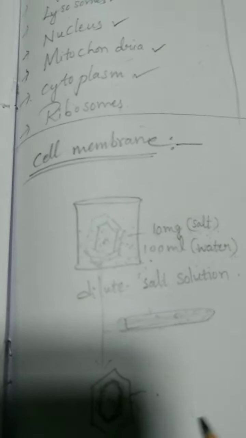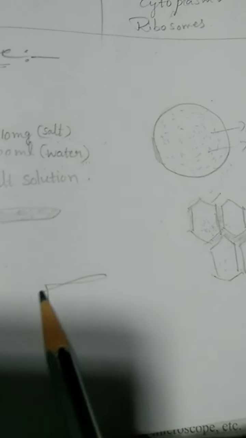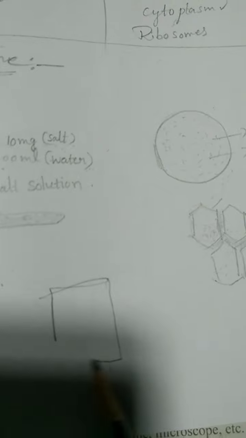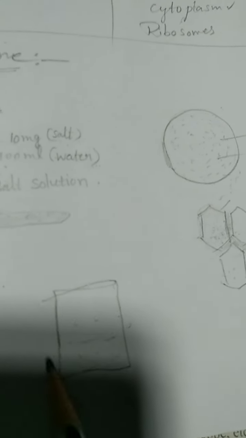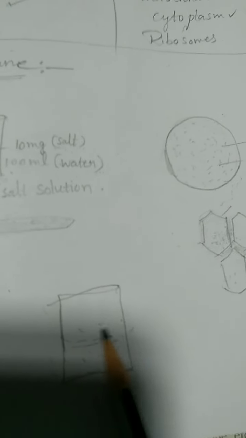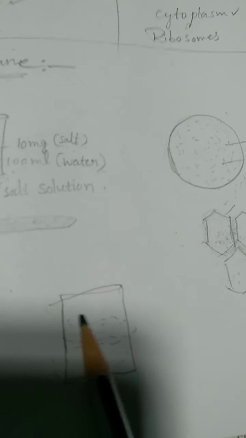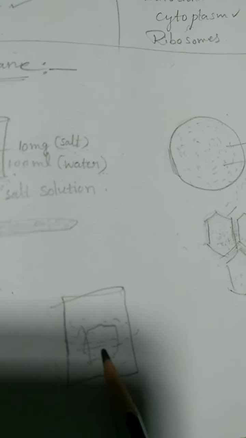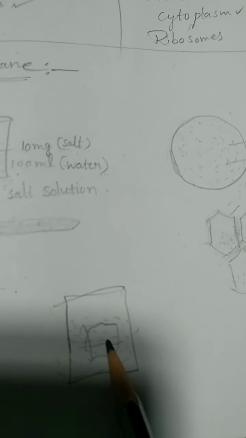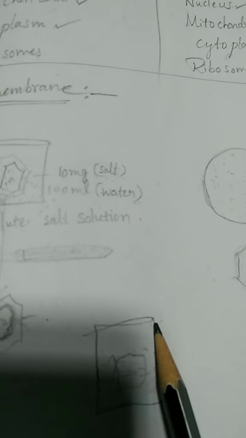If we keep the same cell in another beaker which contains only water, normal water does not contain any concentration. So the cell contains a high concentration and the water has a low concentration.